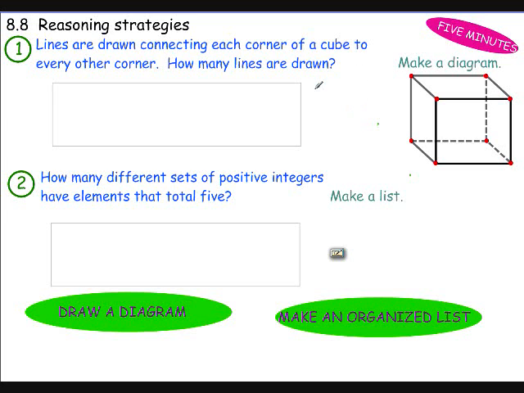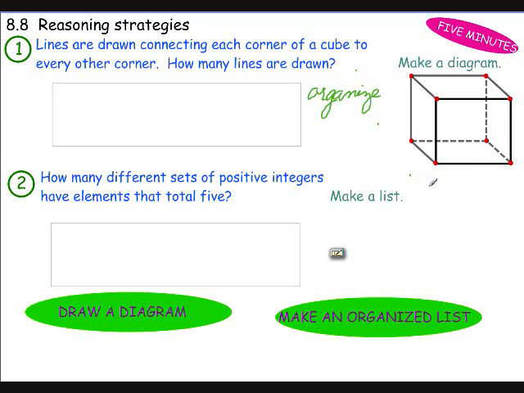Well, here's where you want to just organize yourself. Figure out a way to look at this methodically. Well, I'm thinking if we look at all the edges that define this top and all the edges that define the bottom, then all we have to do then is figure out how many lines do we have connecting the top and the bottom.